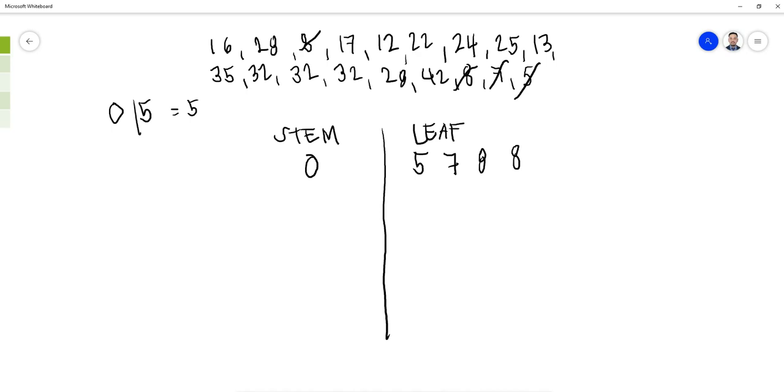In the tens part, we have 12, 13, 16, and 17. So we place 1 here and 2 here for 12. We have 13, 16, and 17.